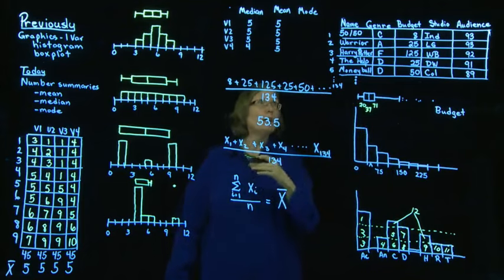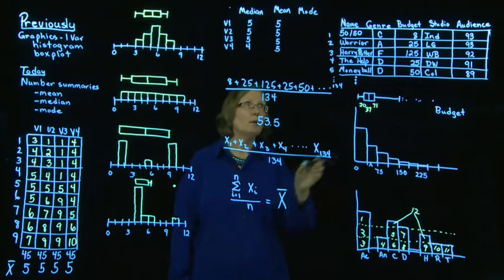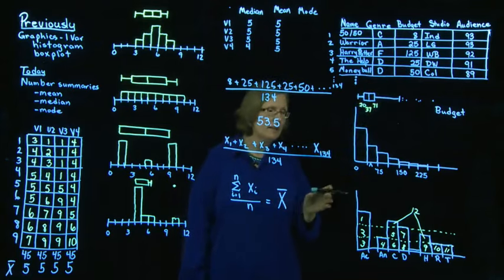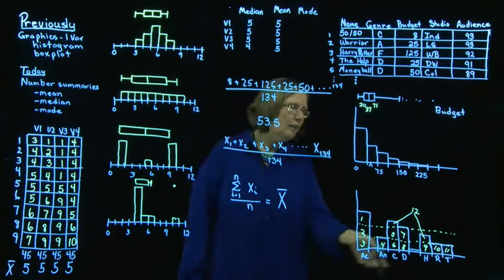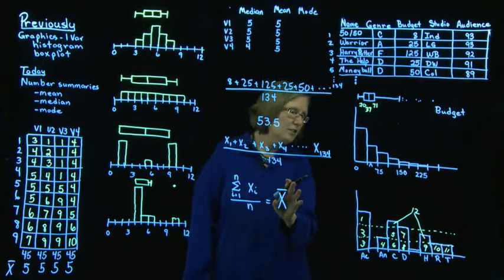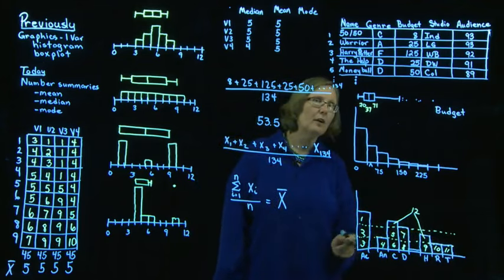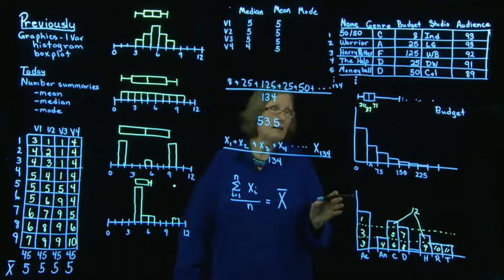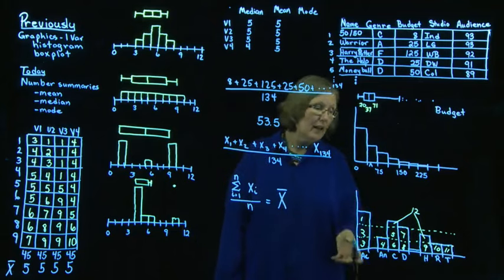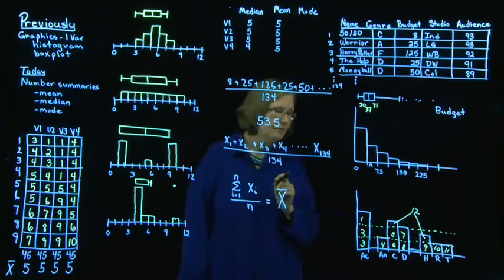Now I want to go back to our categorical variable, genre. We had comedy, action, fantasy, drama, etc. It doesn't make sense to do these arithmetic functions on a categorical variable, so the mean and median don't make sense. I can order these categories any way I like; I just chose alphabetical.